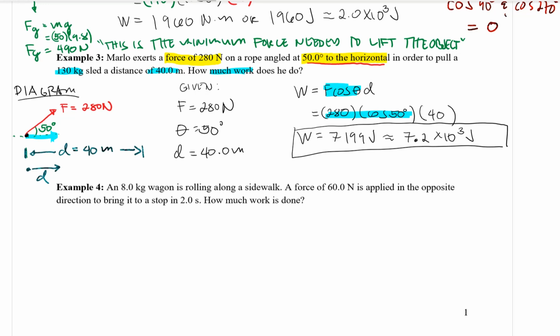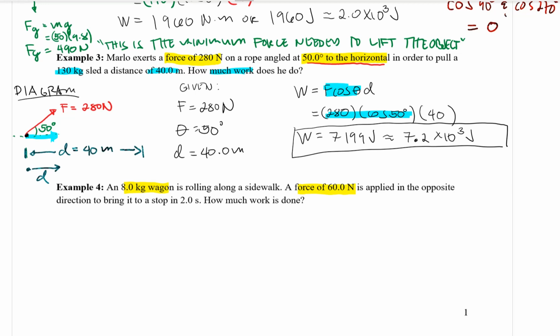Now let's move on to example number 4. I'm just going to take note of the given by highlighting them. An 8-kilogram wagon is rolling along a sidewalk. A force of 60 newtons is applied in the opposite direction to bring it to a stop in 2 seconds.